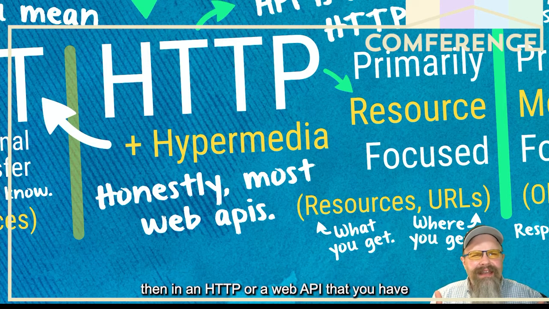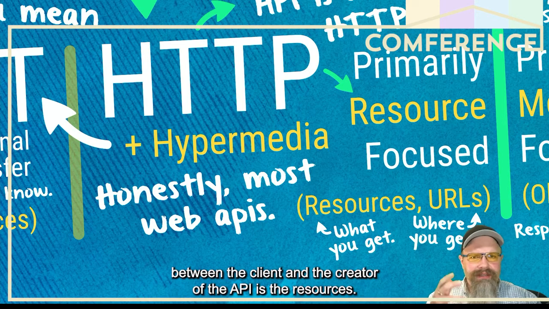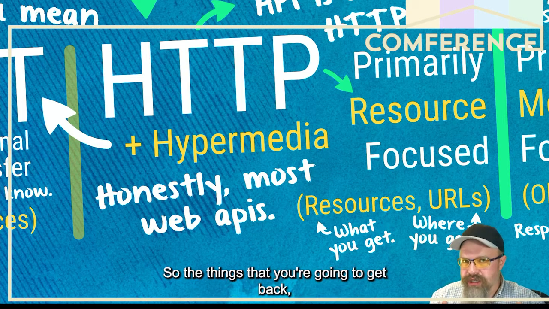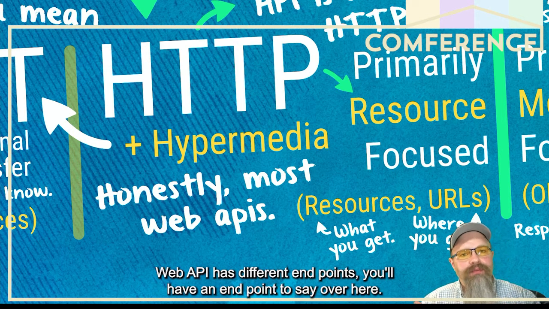And the things you have to communicate to the user, that shared understanding between the client and the creator of the API, are the resources, the things that you're going to get back and work with, and the URLs, because an HTTP or a web API has different endpoints.